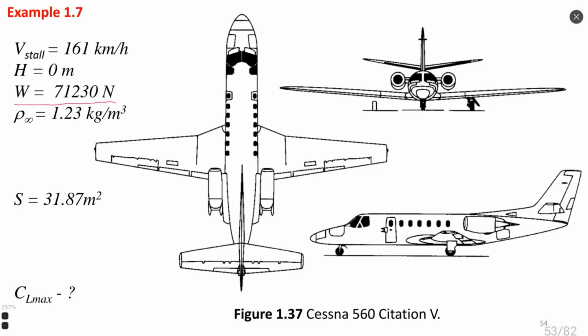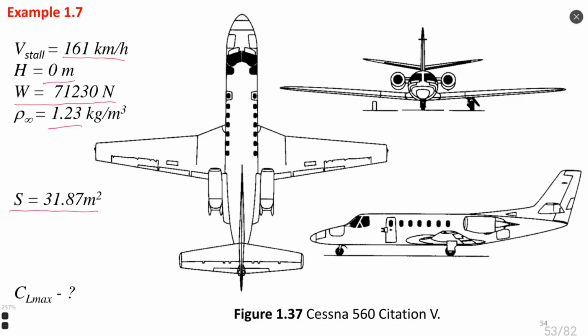Okay, stall velocity is much smaller than cruise velocity. The altitude is 0 meters, so we are just taking off from the ground. And here is the density of the air at 0 altitude. This density you can also find in the standard atmosphere table in the appendix of the book.